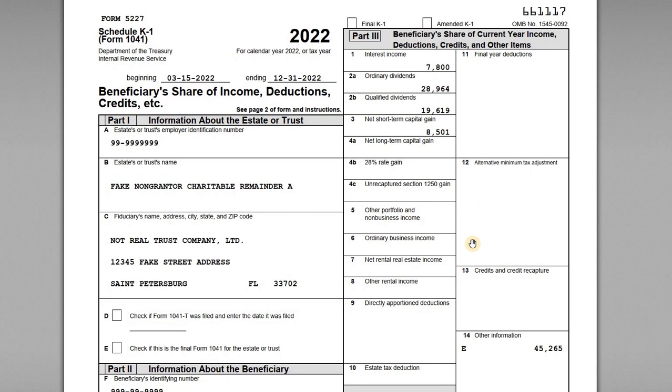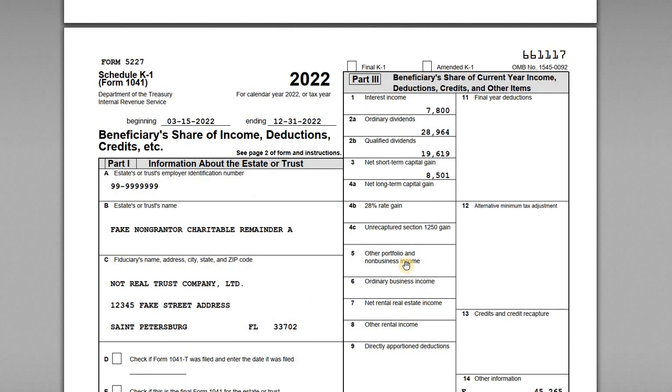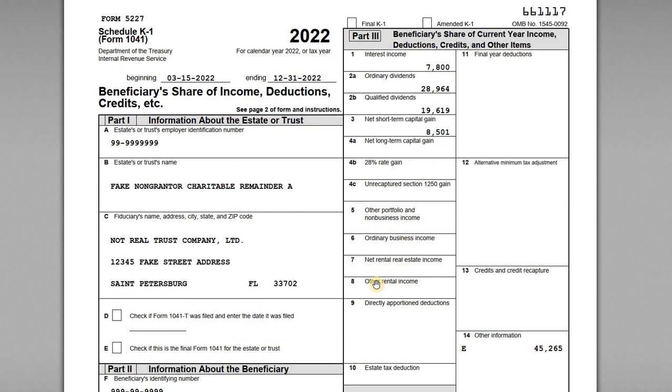Now we know how much cash was distributed to the beneficiary, how much Adam got in actual cash, and we know the character of the income: how much was short-term capital gain, how much was principal, and how much should be ordinary income. The short-term capital gain is easy.